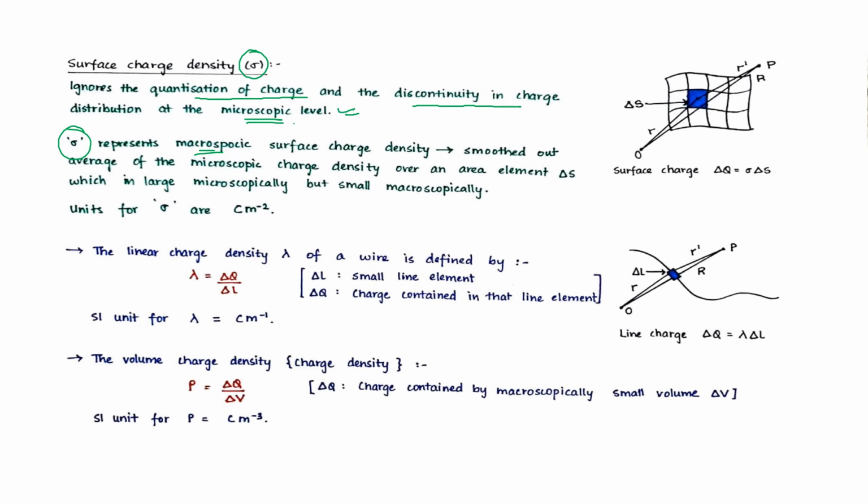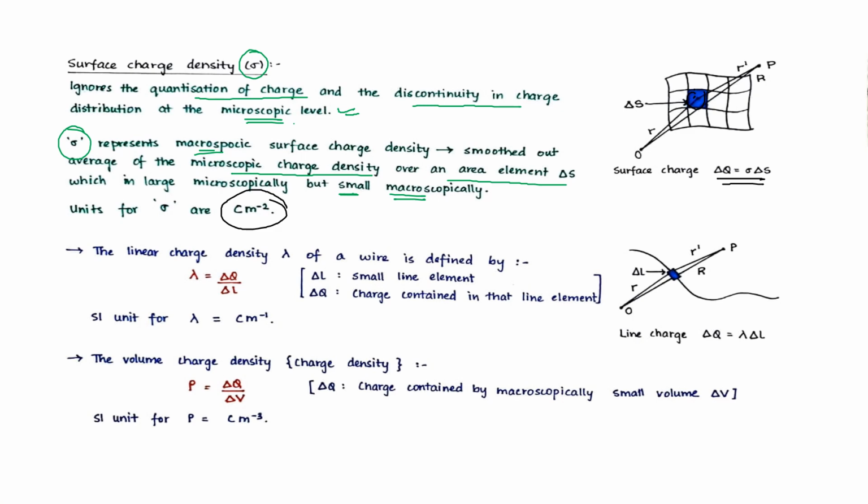Surface charge density smooths out the average of the microscopic charge density over an area element del S, which is large microscopically but small macroscopically. Units for sigma are coulomb per meter square, because it is charge per unit area. See, this is the area we have considered, and from this area we are trying to find the surface charge.